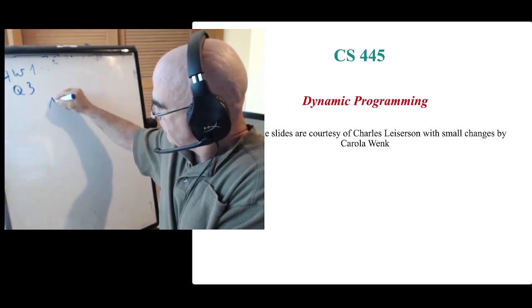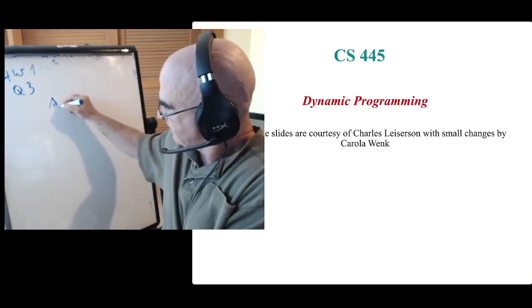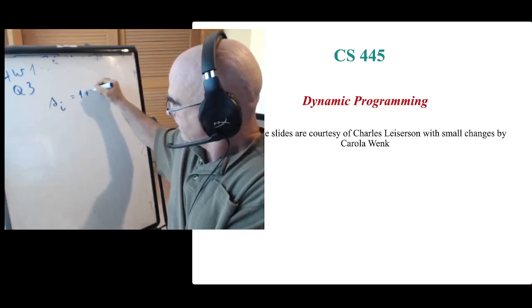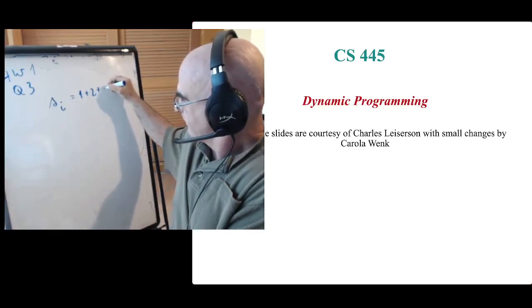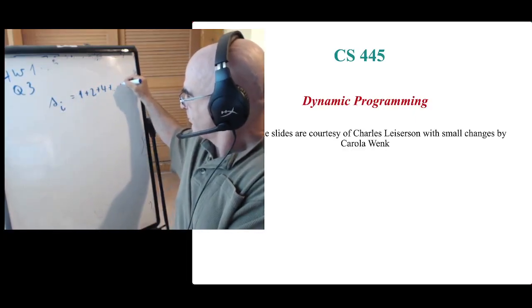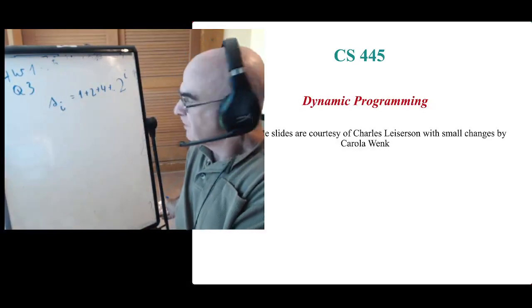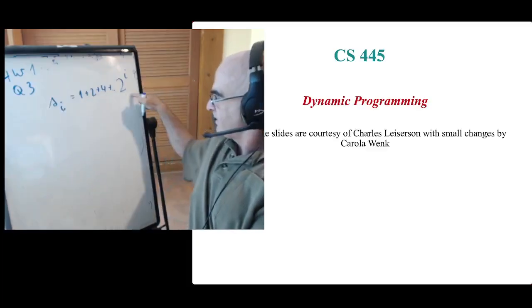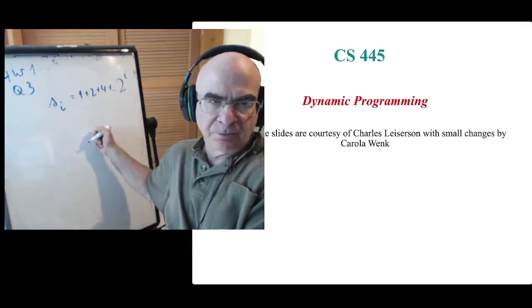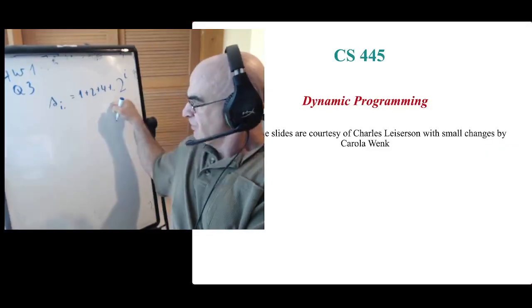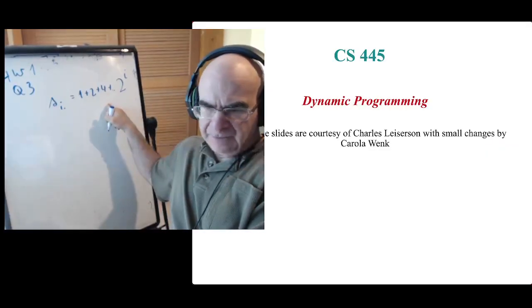I asked about a value s, let's call it s sub i, which was 1 plus 2 plus 4 plus dot dot dot 2 to the i. The last element s_i was this sum, which was, of course, for the purpose of giving you time to practice geometric sums, one of the many times.